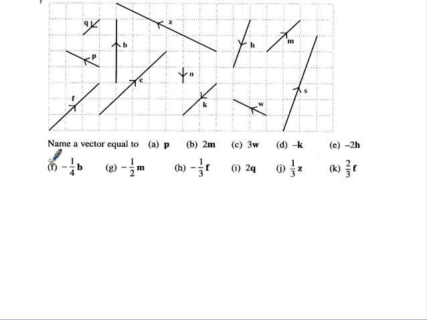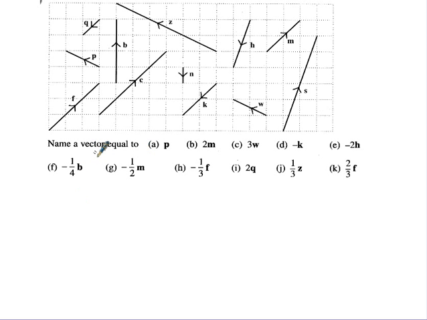In question 3, we are asked to name a vector which is equal to certain vectors, alright? I would like you to have a go, but before you go, just remember when two vectors are considered equal.